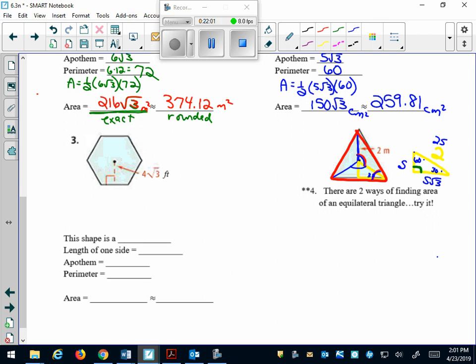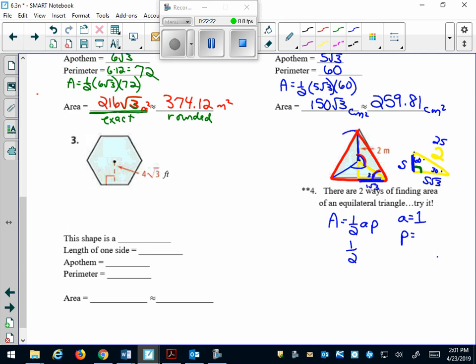Okay, so if we're going to use 1/2 AP, what's the apothem? Right here, what's this? 1, exactly, because it's half of 2. What's the perimeter? Well, that's a little bit different. Right here is 1 root 3.